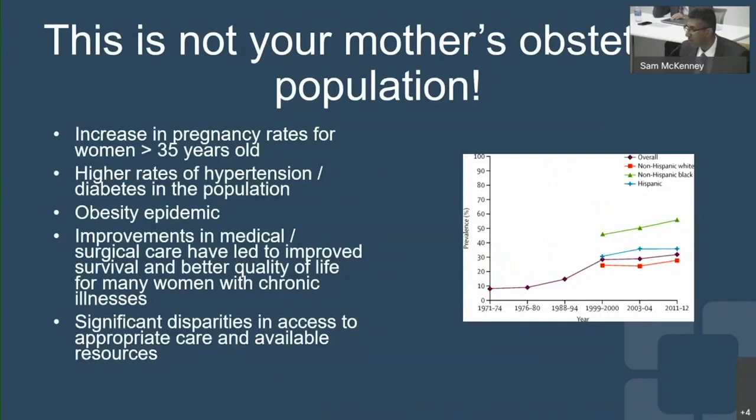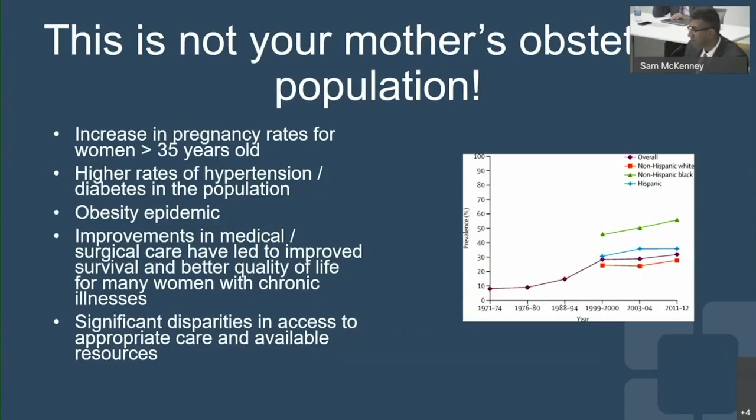So why is that, and what's going on in the obstetrical population? Clearly, there have been some major changes. As I alluded to earlier, there are increasing pregnancy rates for women over 35 and especially over the age of 40. That's the only group really where the number of pregnancies is growing.